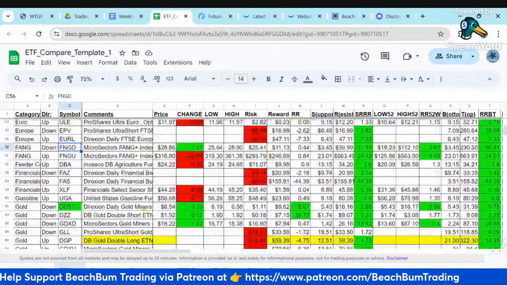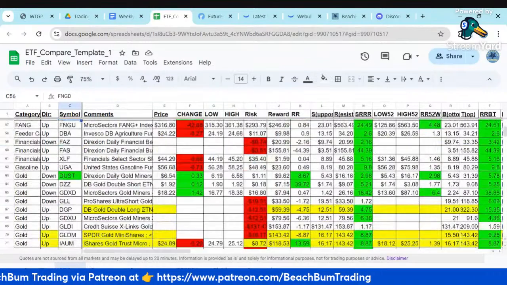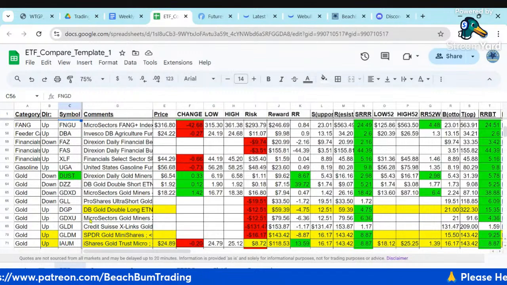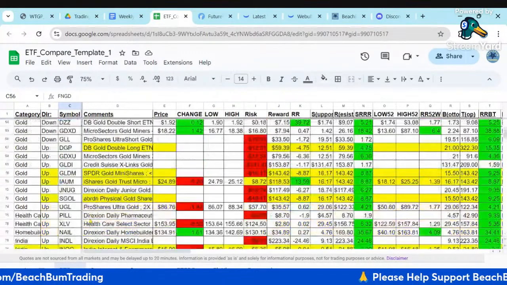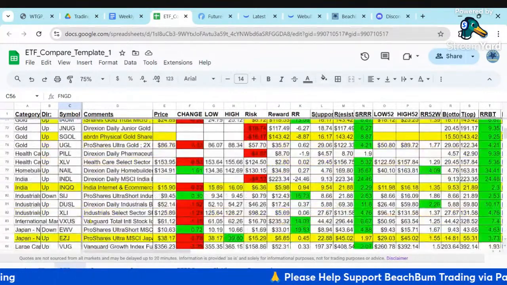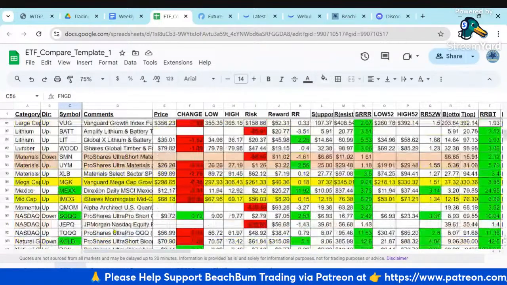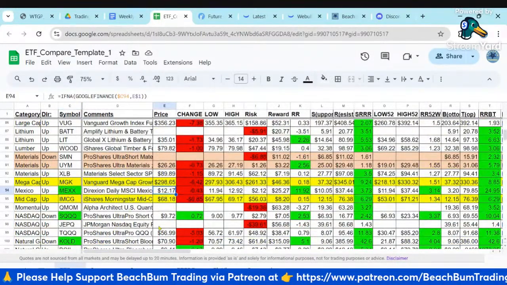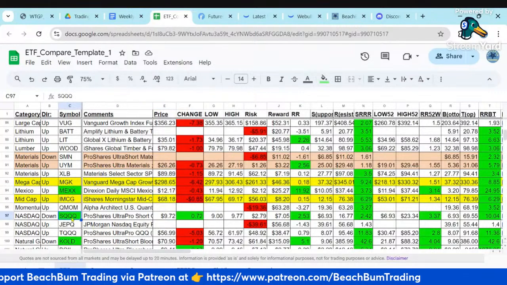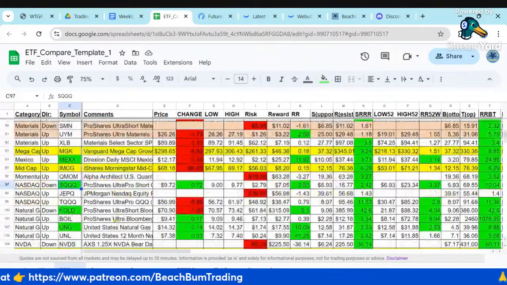FANG-D is the short on the FANGs. Talked about gold. We've got several. You can long or short, trade that volatility at gold. Mexico's been pretty volatile. Here's the leveraged short on the NASDAQ, SQQQ.